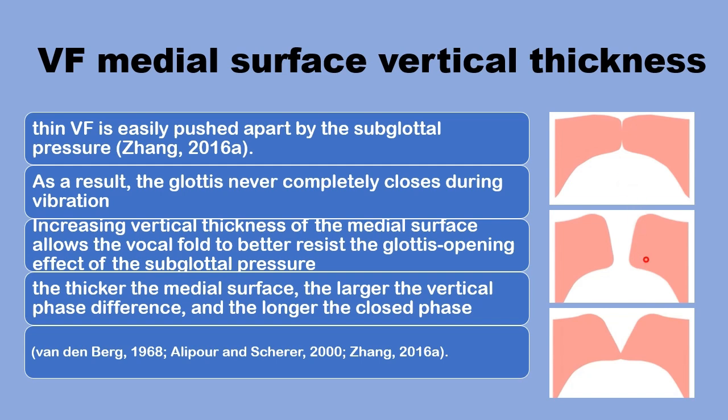On the other hand, increasing the vertical thickness of the medial ends of the vocal folds during phonation provides a better closure that can resist the glottis opening effect of the subglottal pressure. Also, increasing the thickness would increase the phase difference in the phase between the inferior part and the superior parts of the medial ends of the vocal folds, and this would produce a longer closed phase of the vibratory cycle.